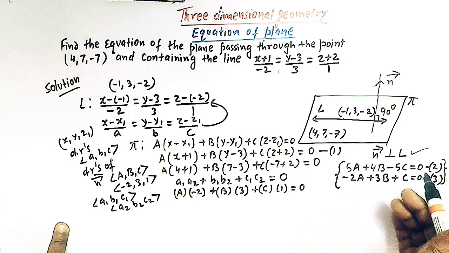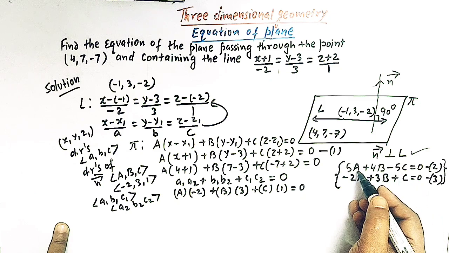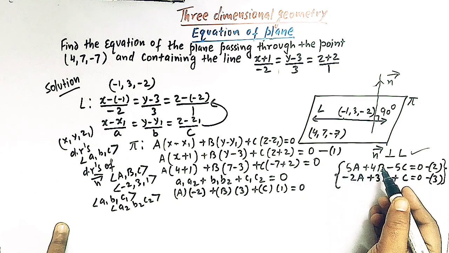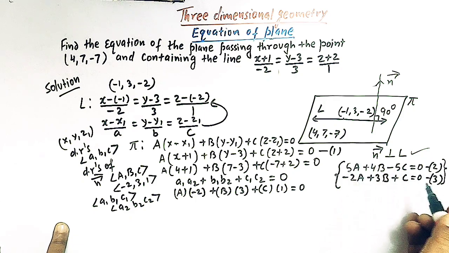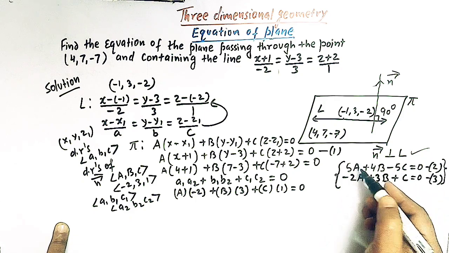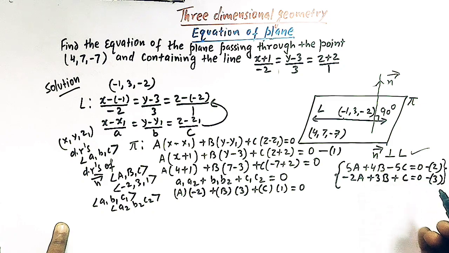We select any of the three variables, equate the coefficients of that variable, and then eliminate it by either adding or subtracting the equations.